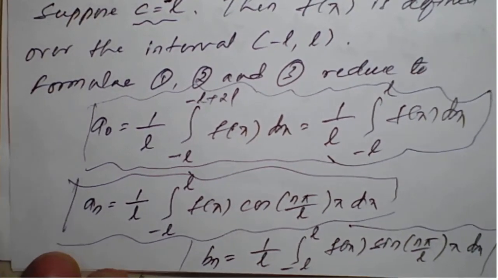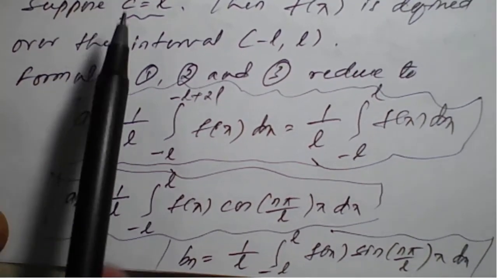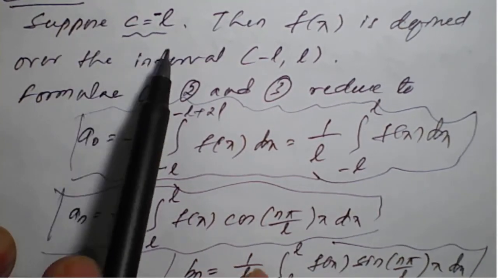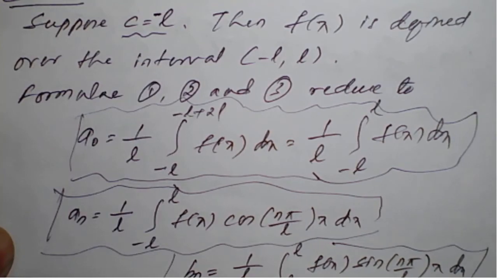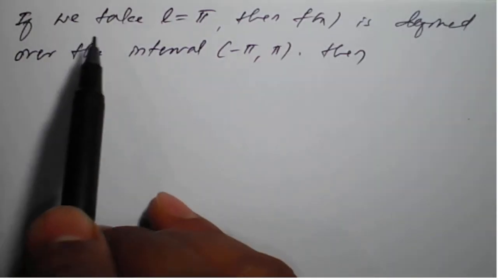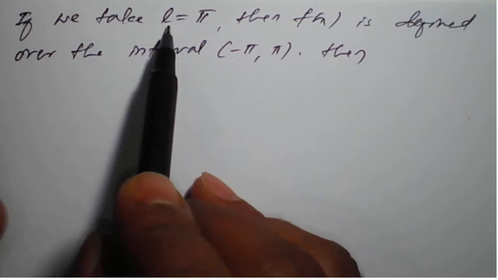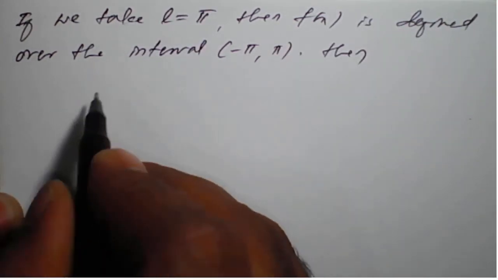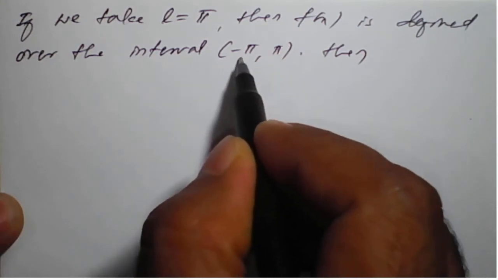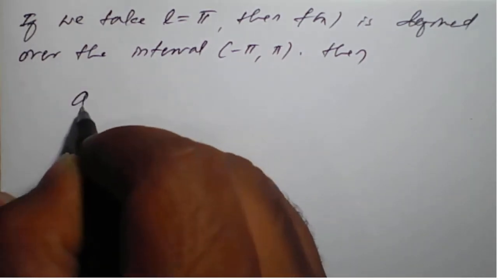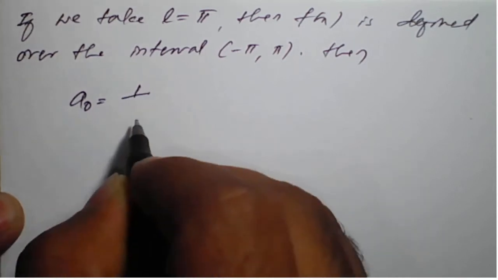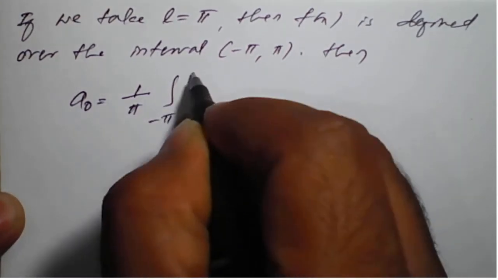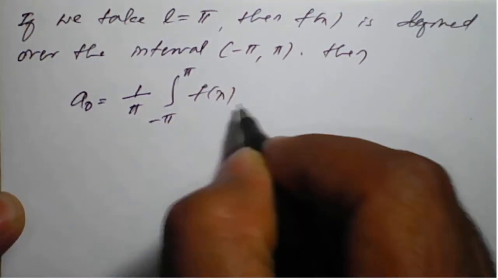Now in this case number 2, when c is equal to minus L, I will replace L is equal to pi. What happens, we'll see. If L is pi, then f of x will be defined in the interval minus pi to plus pi, because minus L to plus L becomes minus pi to plus pi. Then a naught will become 1 upon pi integration minus pi to plus pi f of x dx.